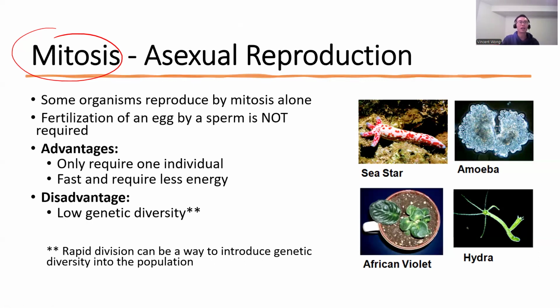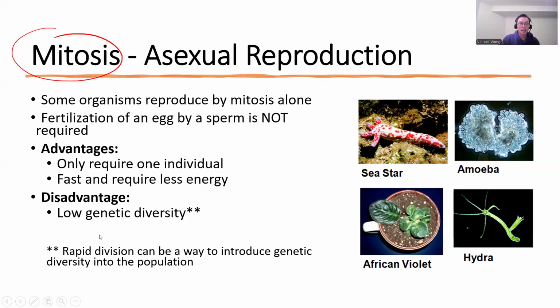If there is some kind of mutation, some kind of change in the DNA, that change is going to be preserved in all of the offspring, because every time you divide, you're copying exactly the same thing, right? So if there's a bad mutation, that same bad mutation will continue to be propagated through generations.